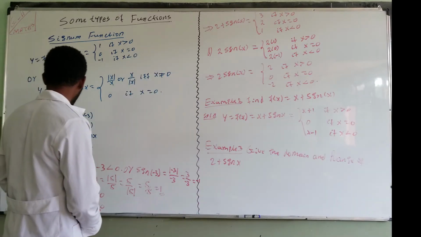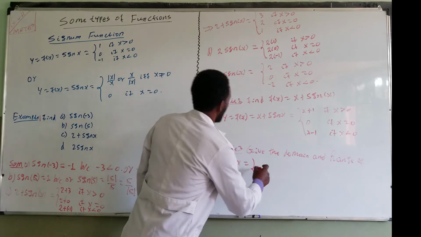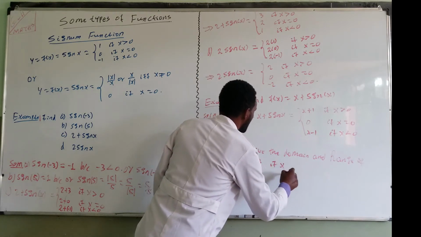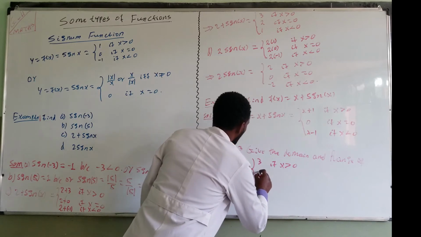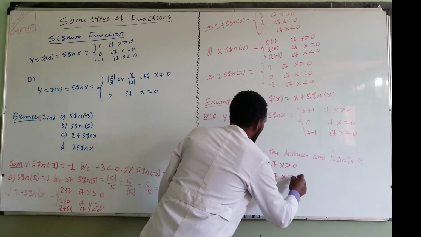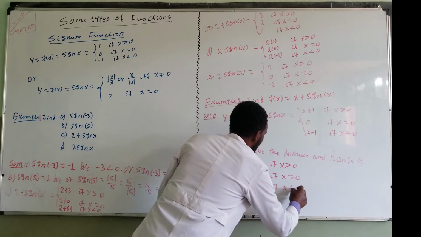In example 1, C, 2 plus signum x is equal to 3 if x is greater than 0, and 2 if x is equal to 0, and 1 if x is less than 0.